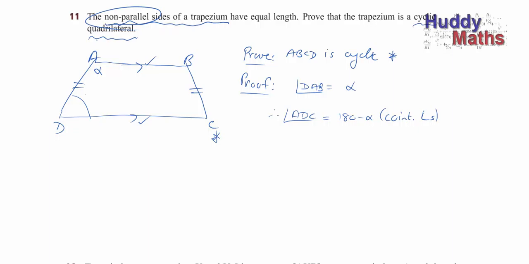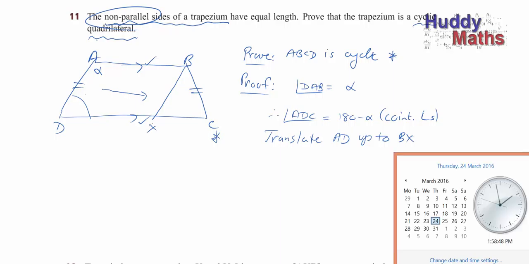Okay, so what are we going to do? Well, there's a little trick here that we could do, and you might not think of this one: translate AD up to position BX. If we make it a translation, then we don't change anything, and we move it straight up to, let's say, BX there.